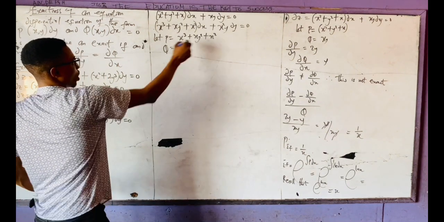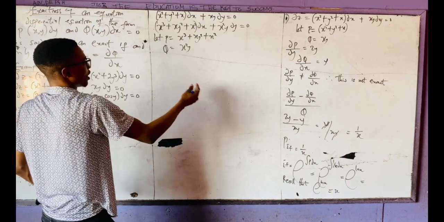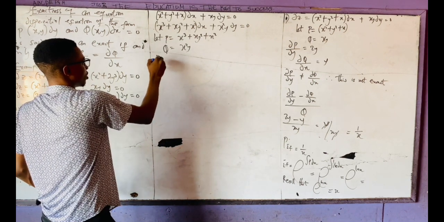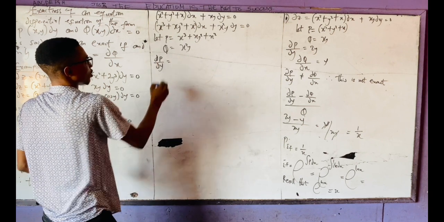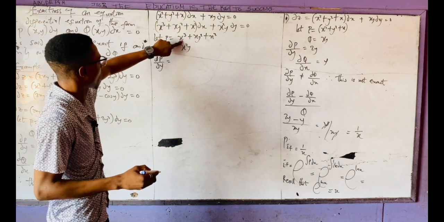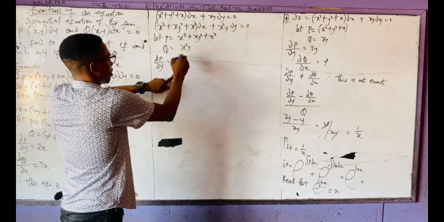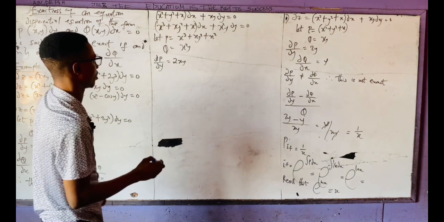Now we need to differentiate p with respect to y, and differentiate q with respect to x. So dp over dy, if I differentiate this with respect to y, I'm going to have 2xy.